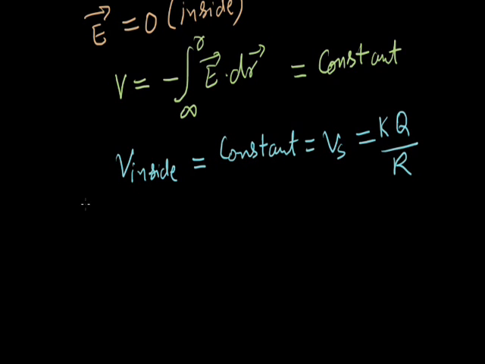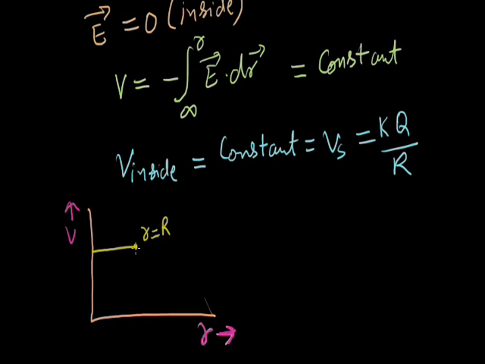The graph between V and r will come like this. This is r, this is V. The graph will be constant till small r equals capital R, and after that V is inversely proportional to 1 upon r.